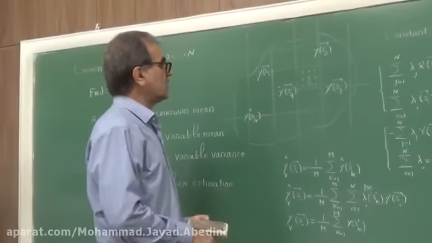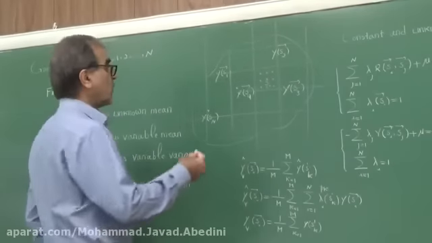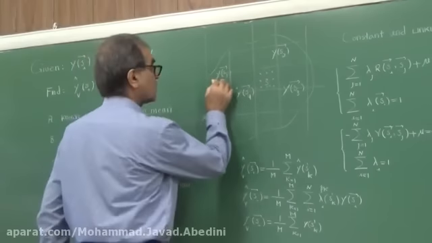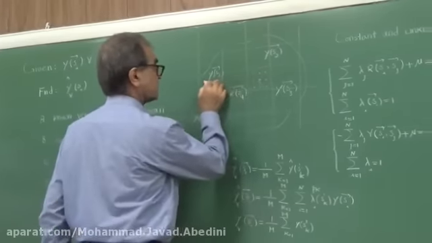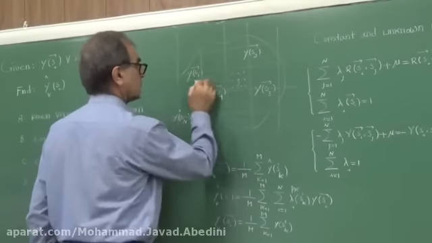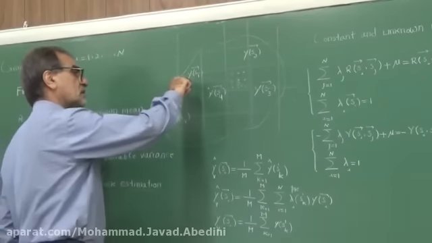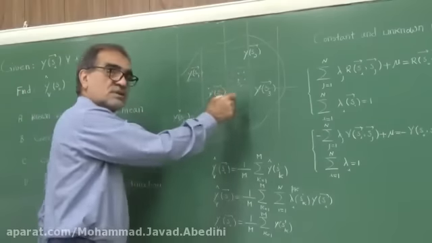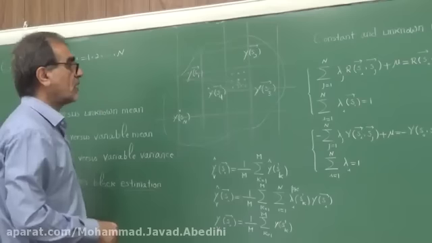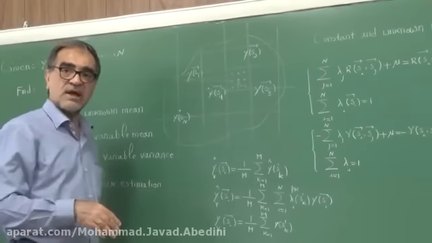If you take a typical i, for i equal to 1, you have to compute these covariances. Covariance between S1 and every point inside your block, and then add them together and divide by n.